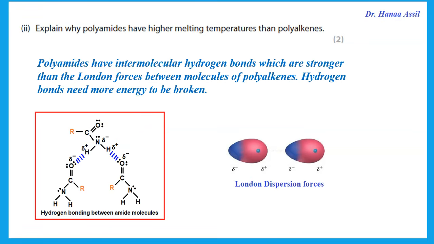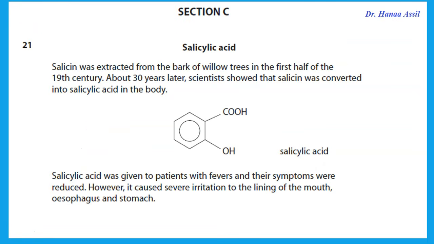So polyamides have intermolecular hydrogen bonds. These are stronger than the London forces that are present between molecules of polyalkenes. This needs more energy to be broken.